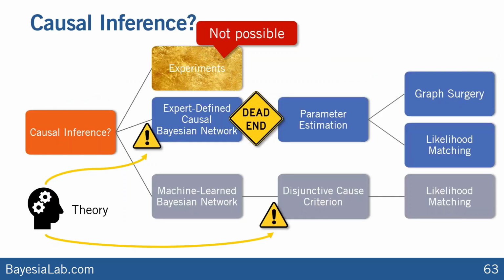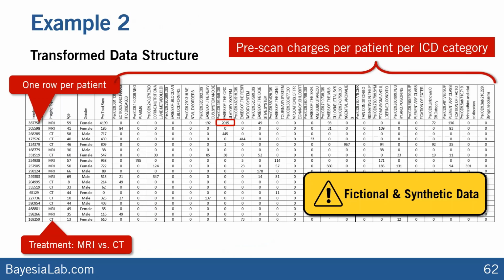So, okay, how do we go about this? Now, perhaps I need to go back one slide. Given that we have so many ICD-9 codes, clearly these codes are not independent of each other.